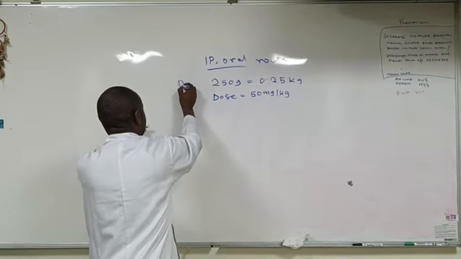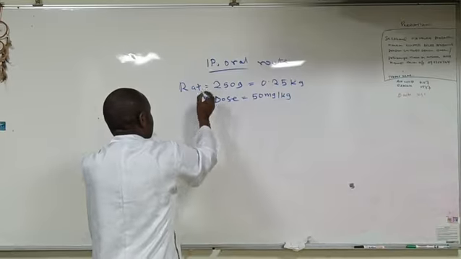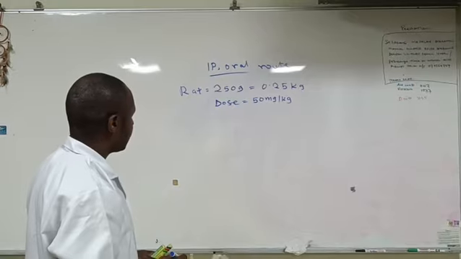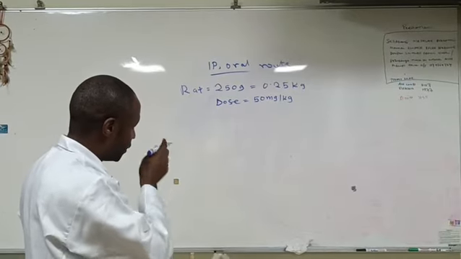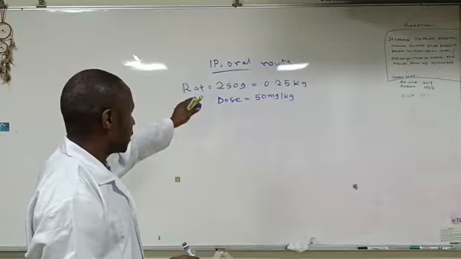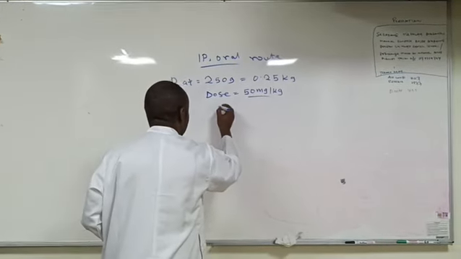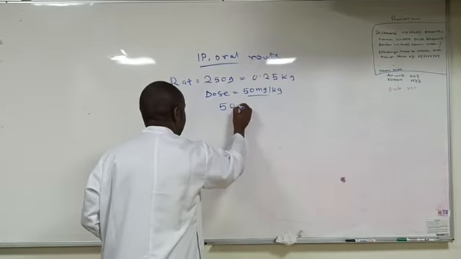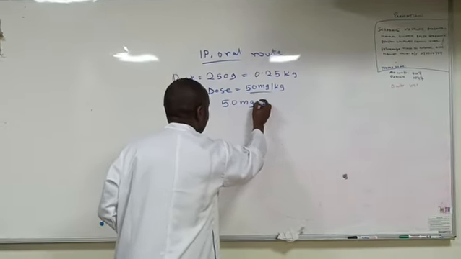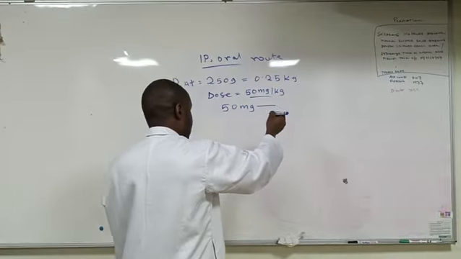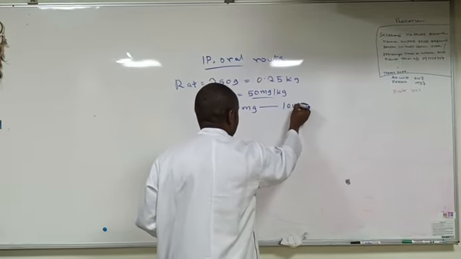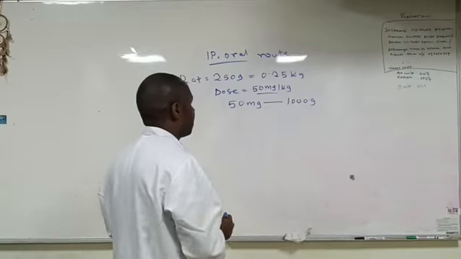This is the weight of the rats. So now, how to arrive at the exact amount that this animal requires: you have to use this. This represents 50 milligram to 1 kg, which is 1000 gram rats.